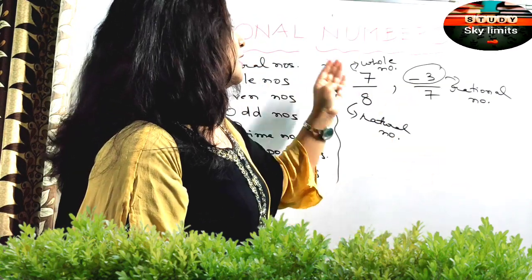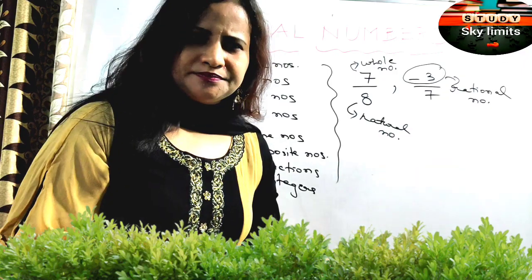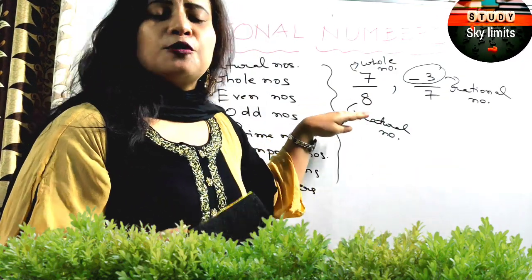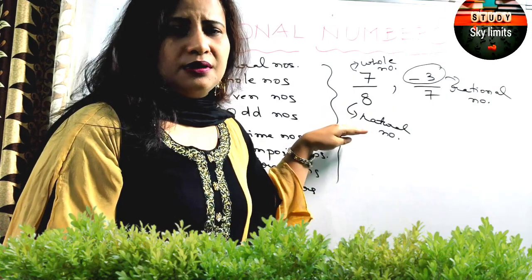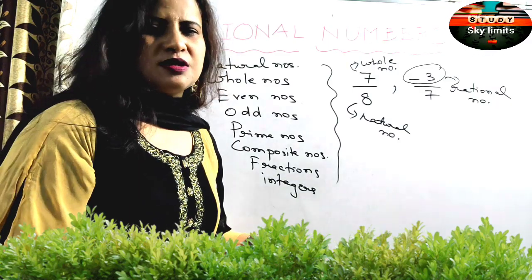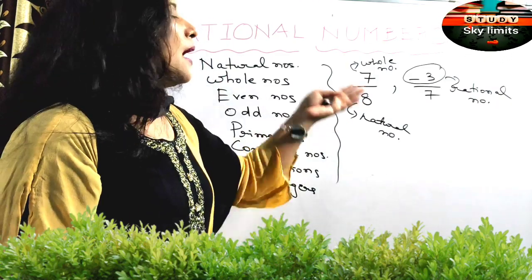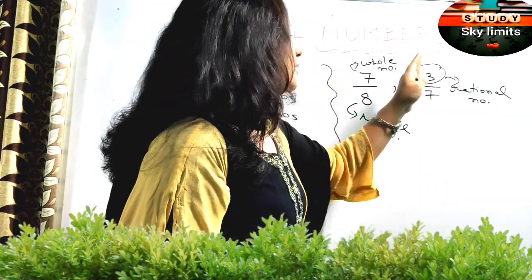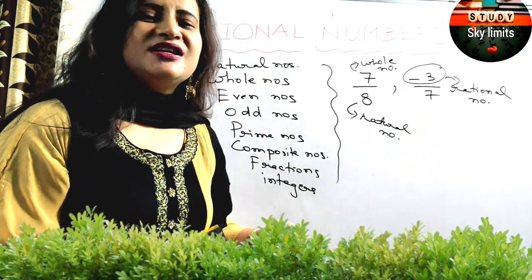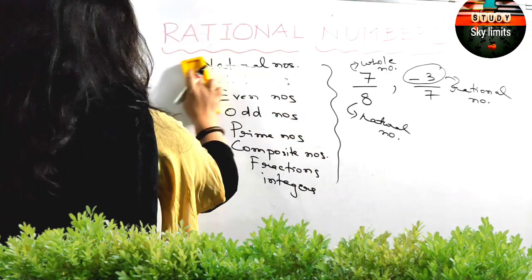In a fraction, the numerator should always be a whole number. It can be 0, but the denominator should be a natural number. It cannot be 0. Division by 0, as you know, is not possible. But in a rational number, both the numerator as well as the denominator can be integers. So let us define this rational number now.